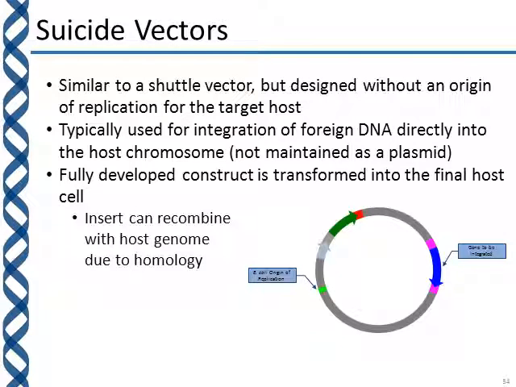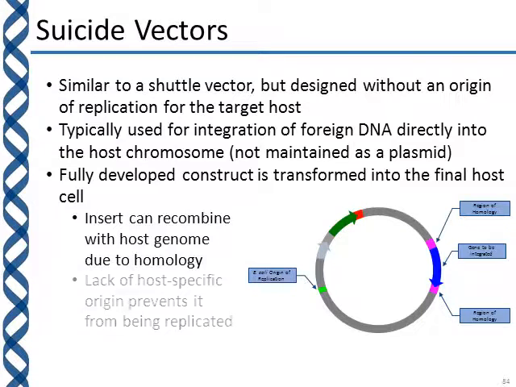The insert can recombine with the host genome due to homology. Here we show in pink the regions of homology, just like we showed on the previous slide. The lack of host-specific origins prevents it from being replicated.